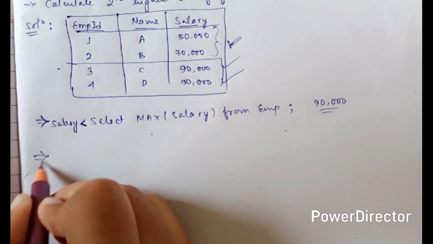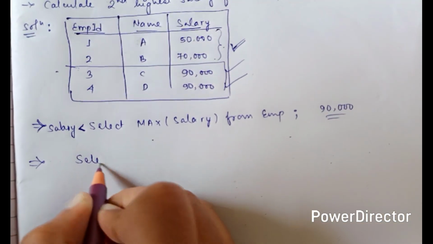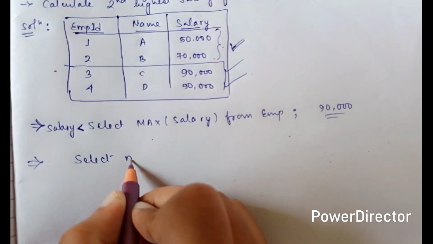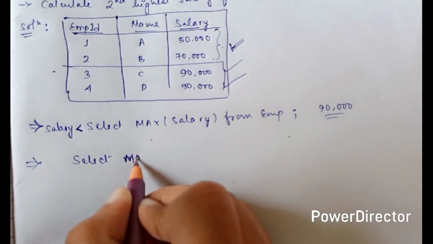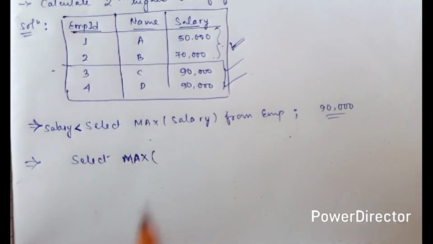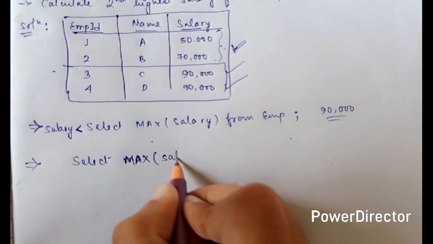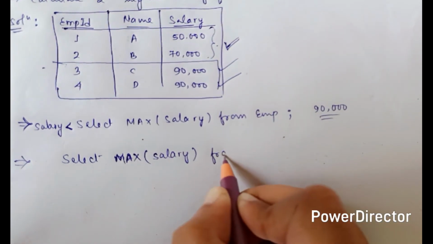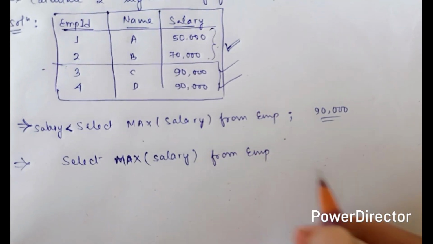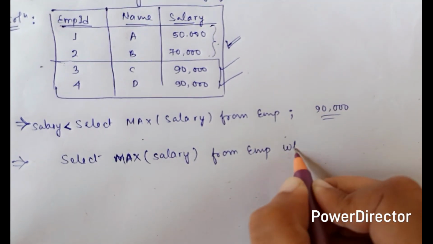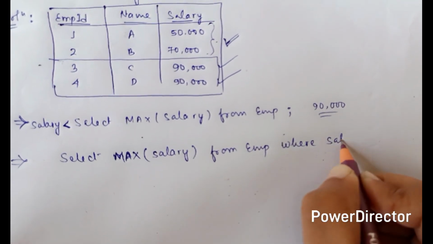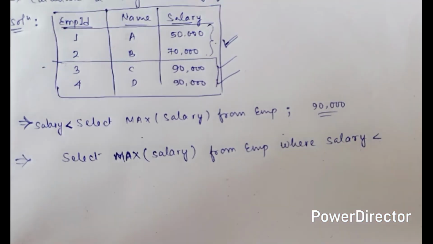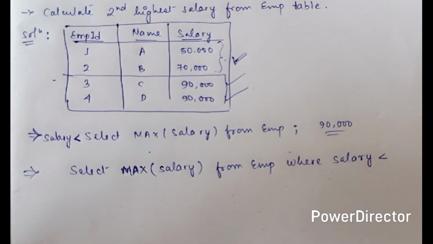So for that we can write: select max. This is the function max. In the max function we put the salary column, from EMP, where salary should be less than the maximum salary which is present in the table.